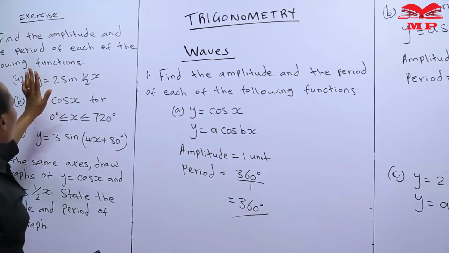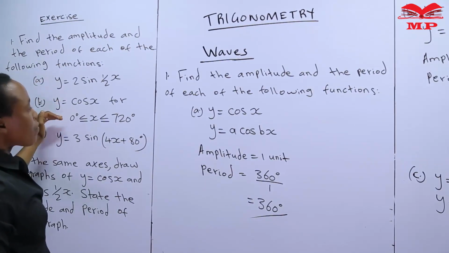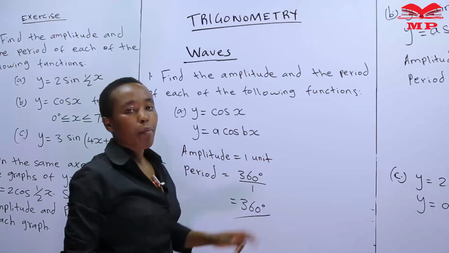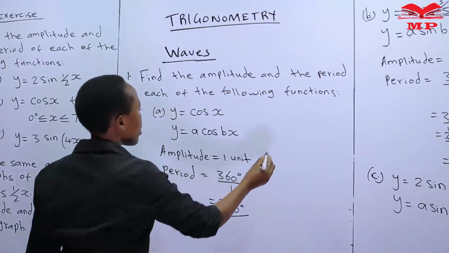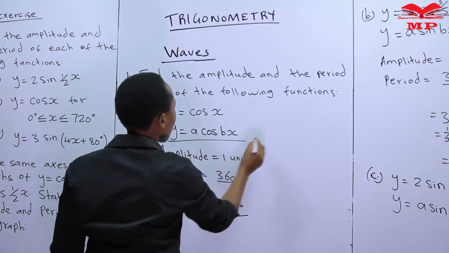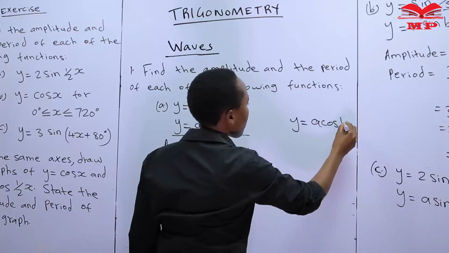For this one you are not plotting, you just find the amplitude and the period of each of the following functions using the method that we have already discussed, whereby, always remember, the general equation is y is equal to a cos bx.